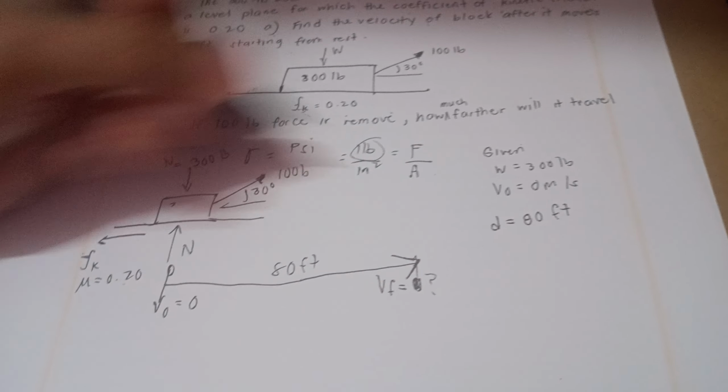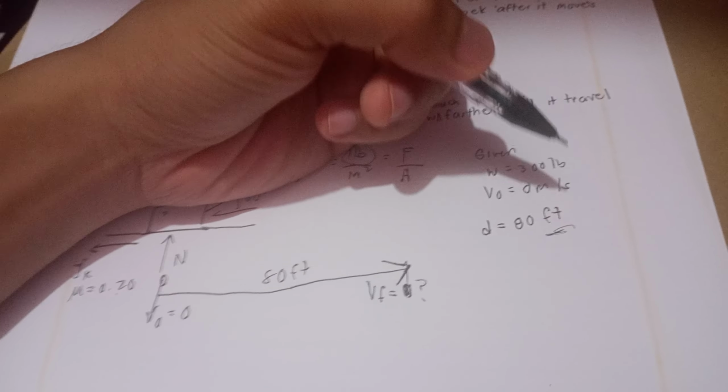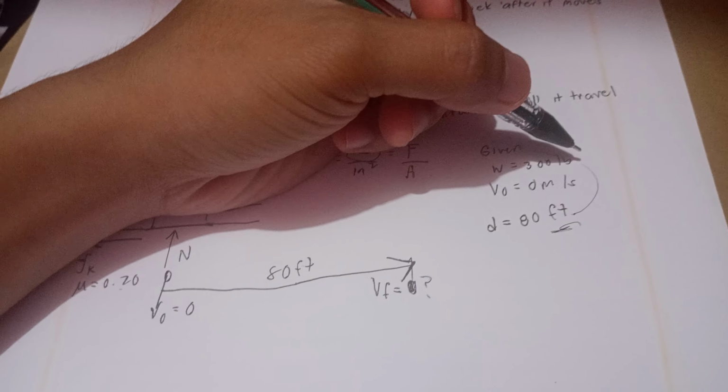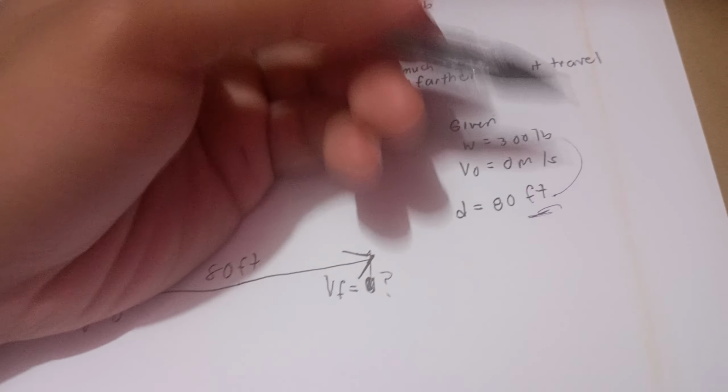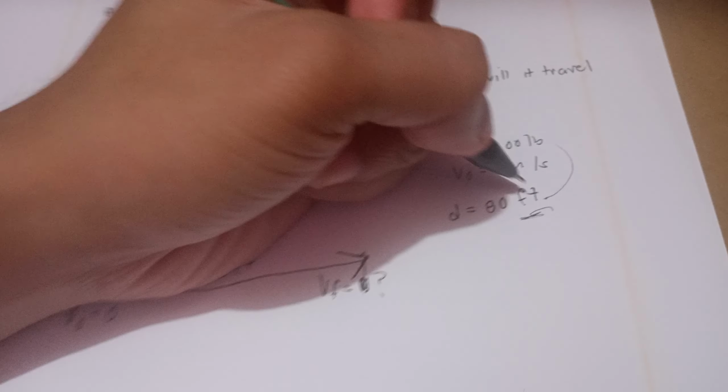Kung pounds tapos feet, ang magandang gamitin natin dyan is feet per second, para hindi masyadong maguluhan sa conversion.